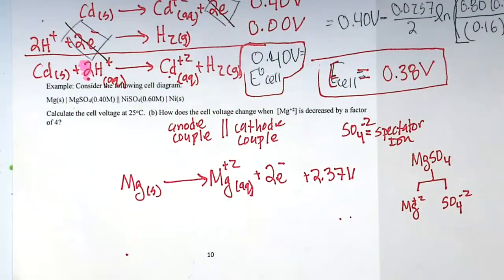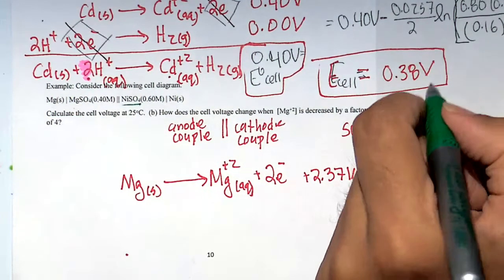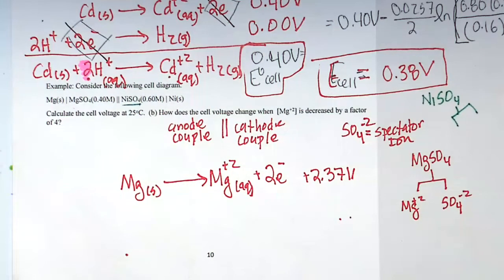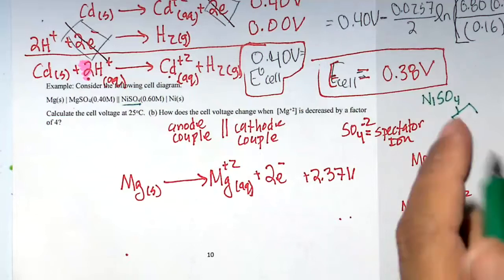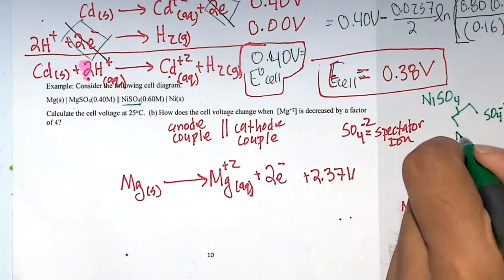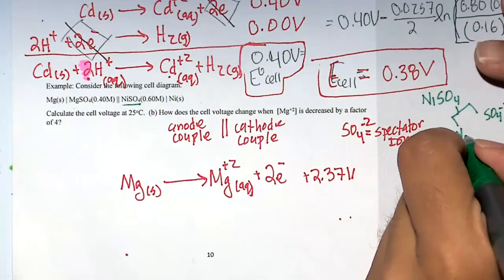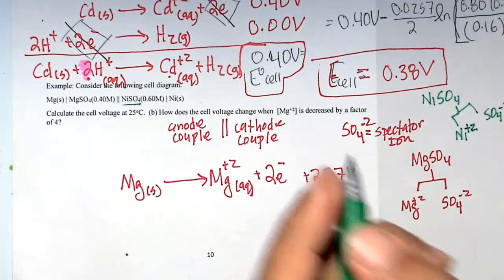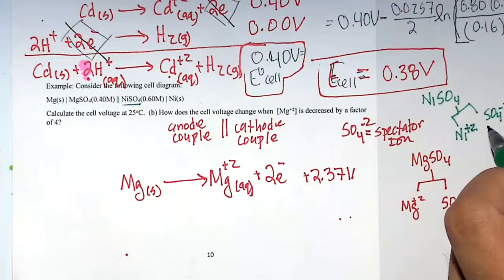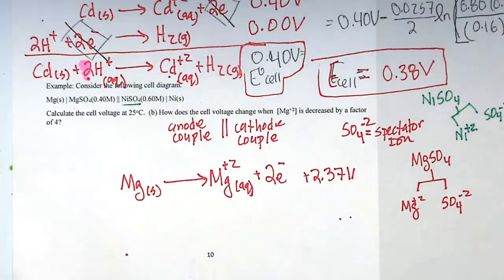Let's do our cathode couple. And that is nickel sulfate. Hopefully you guys remember your ionic compounds and how they switch. Because SO4 is a minus 2 charge, because of the switcheroo in ionic compounds, the nickel is a plus 2 here. So nickel sulfate in water is nothing more than nickel plus 2 and sulfate ion, which is a spectator ion, meaning it's there, but it's not really doing any reaction.